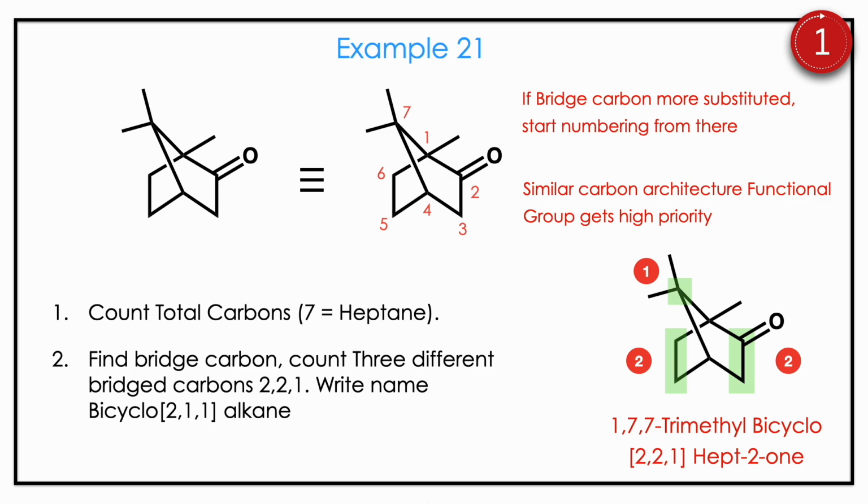So you have 3 methyl groups, which are 1, 7, 7 and 2 ketone position. If you have the same number, more substituents will get high priority. So the naming will be 1,7,7-trimethyl bicyclo 2,2,1 heptan-2-one. See, the fact you should learn here is if you have similar carbon architecture, then you go for the normal IUPAC rule, which is functional group gets high priority.